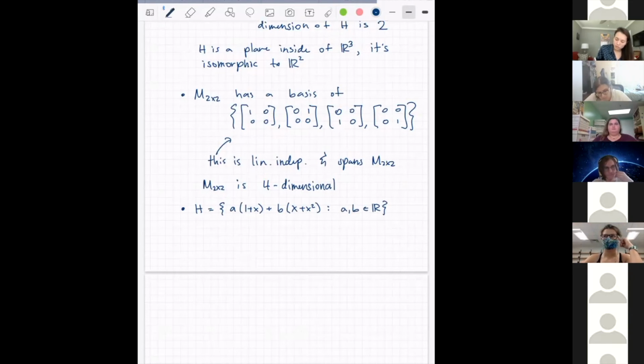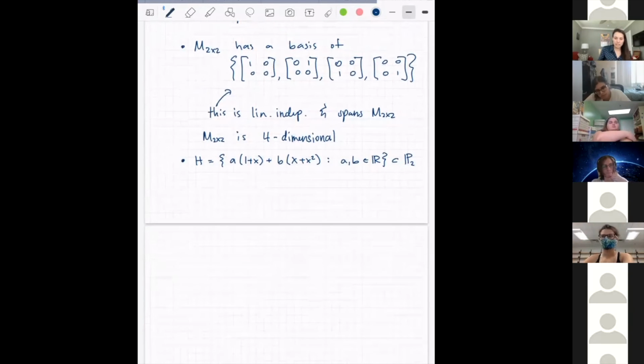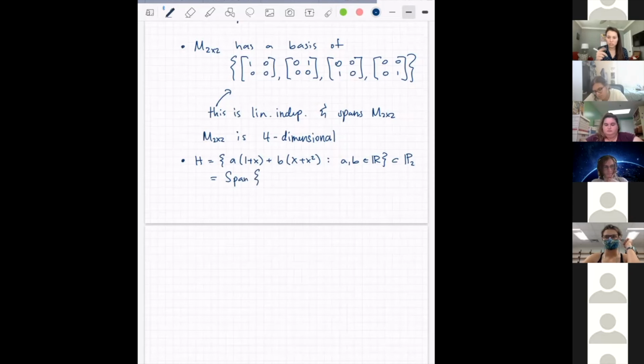Okay. So this is a subset of P2. And another way we could write this is as a span, since it's just the collection of all linear combinations of these two polynomials. It's the same as the span of 1 plus x and x plus x squared, right?